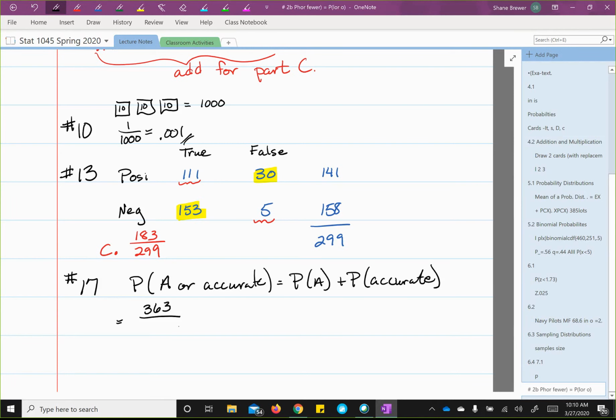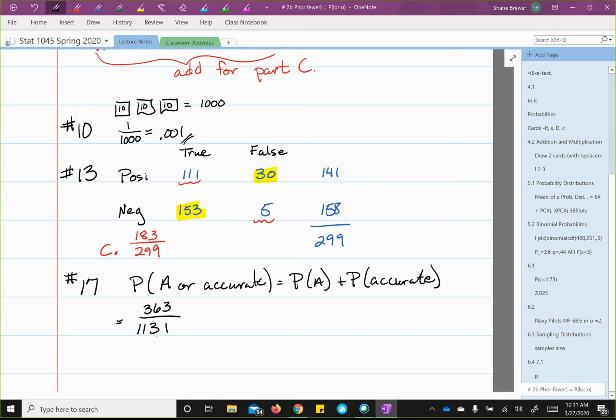Let me just add up all the total number of orders we have here. So that's going to be on the bottom there. So the probability of getting an order from restaurant A is just 363 over 1131. Just give me a thumbs up if that makes sense.